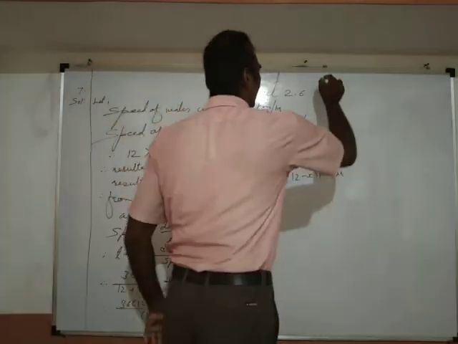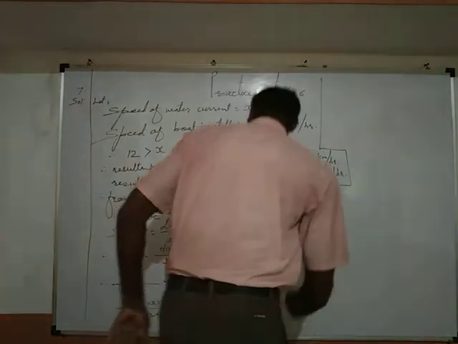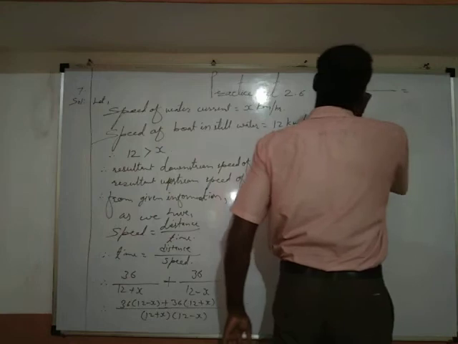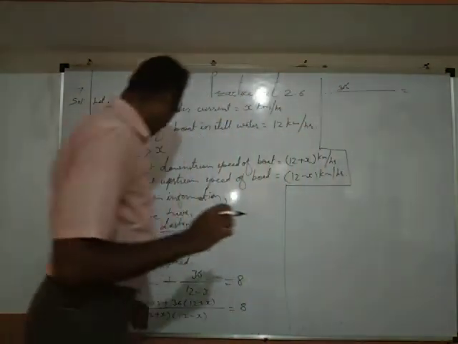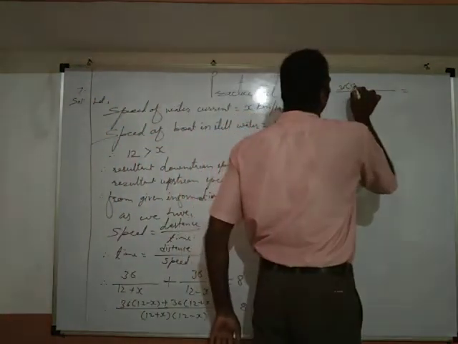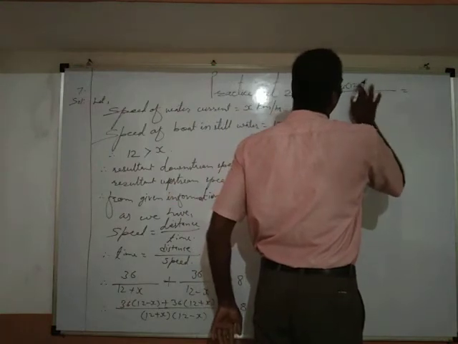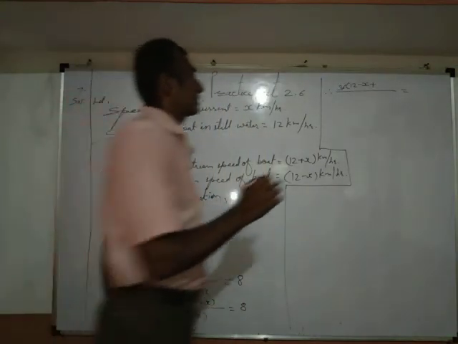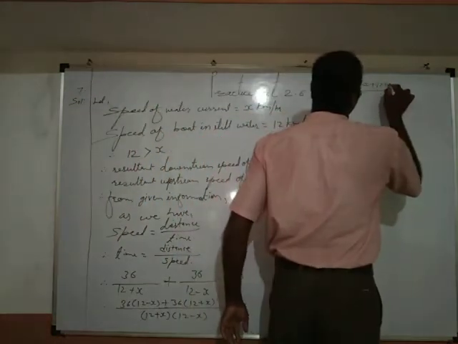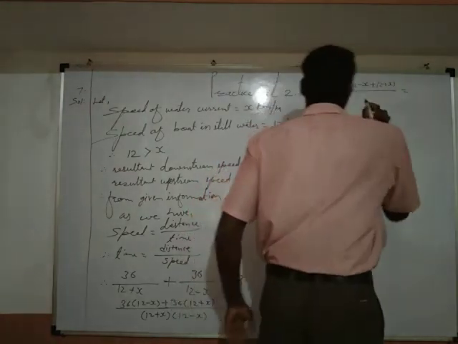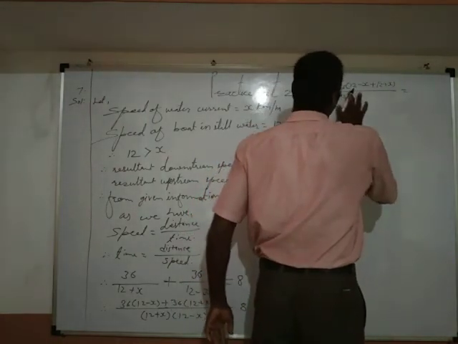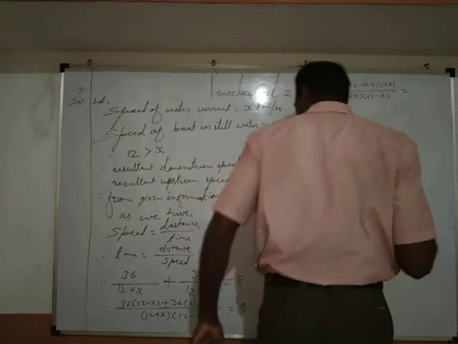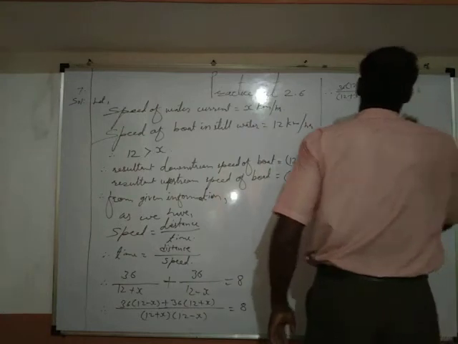That's why we may write here 36 in bracket 12 minus x plus 12 plus x, and those upon 12 plus x into 12 minus x equals 8.